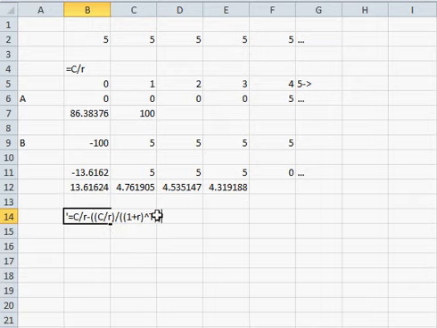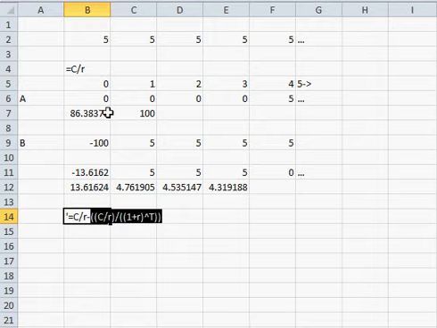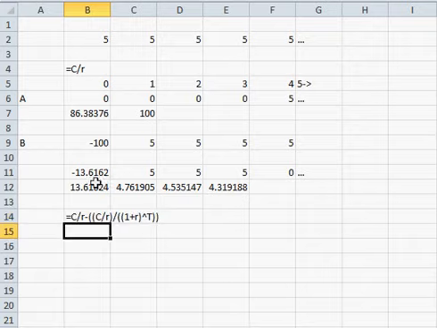So the first one here is worth $100. The second one here is worth $100, only in present value terms it's only worth $86.38, and so the difference is $13.